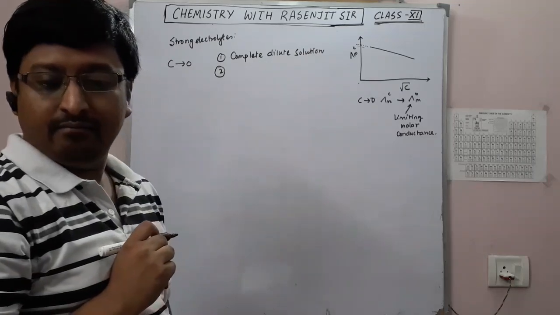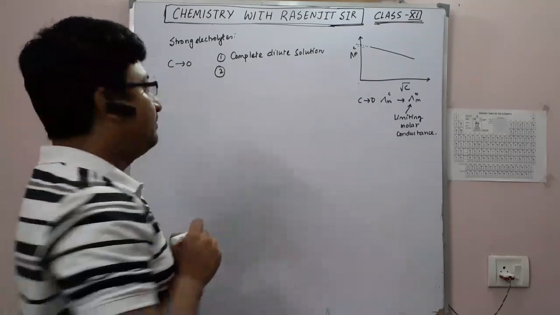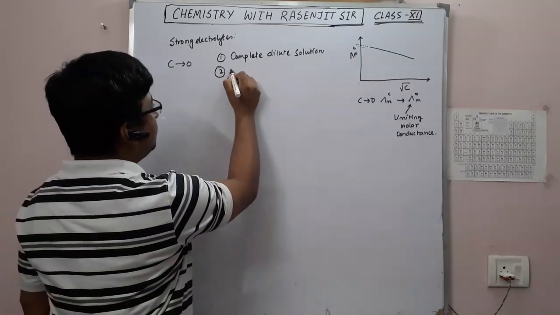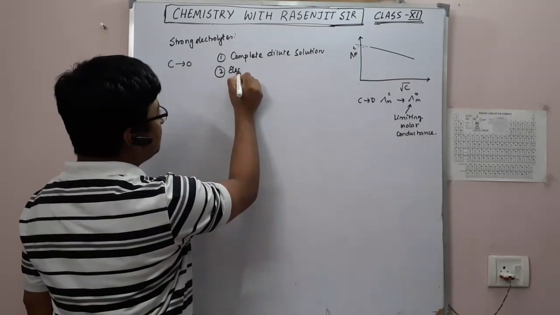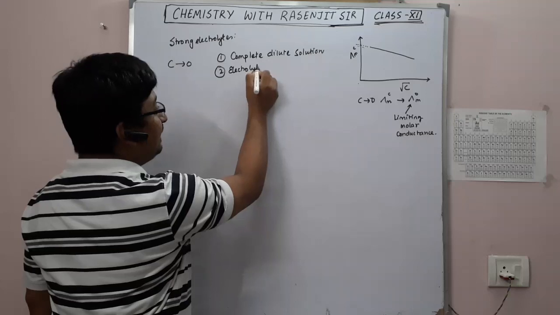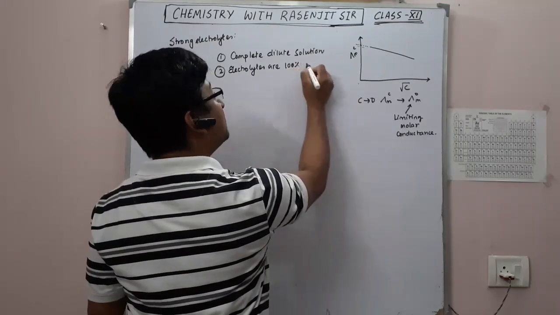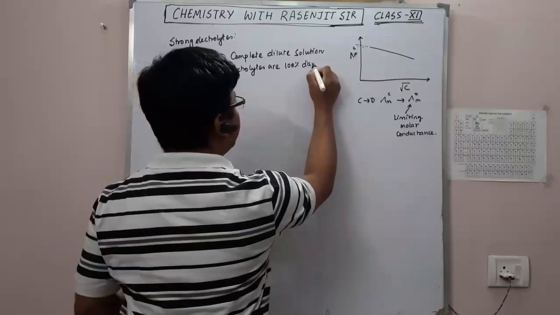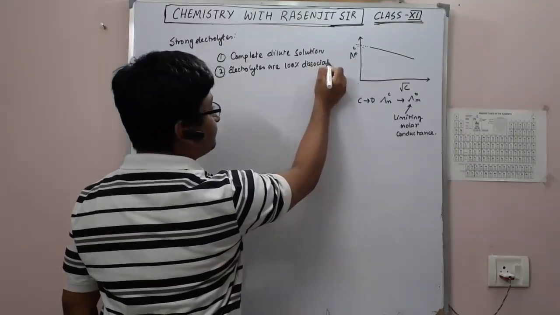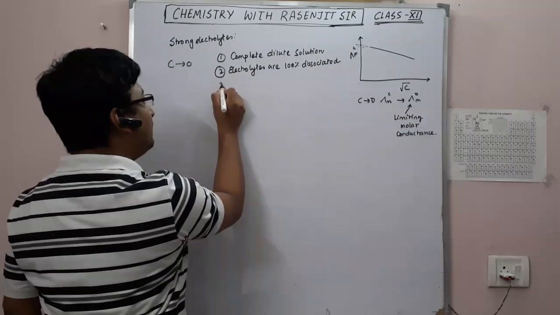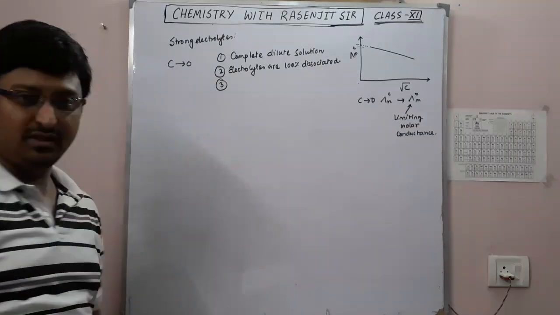Number two, at zero concentration, C tends to 0, the electrolytes are 100% dissociated.